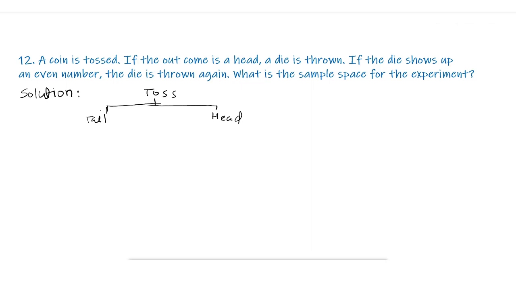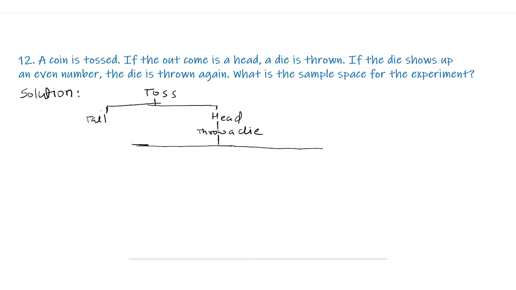Now when tail comes, we have not to do anything. But if head comes, then we have to throw a die. And when the die is thrown, there are 6 outcomes. If the outcome is odd, we have not to do anything. But if the outcome is even, then we have to throw the die again.